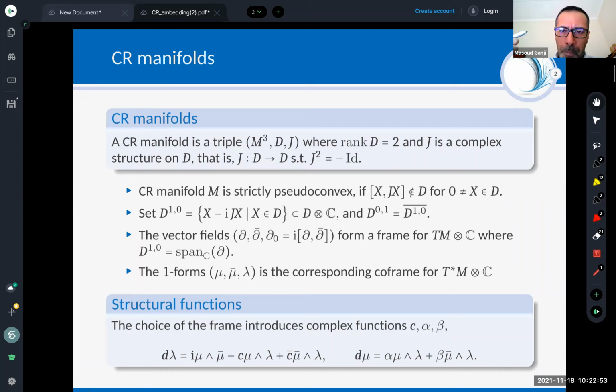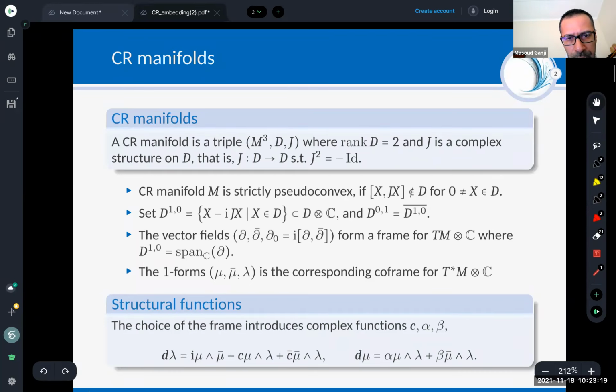If you complexify everything, I mean complexify D and also J, you can introduce D10 as a distribution of the complexified D, and the conjugate is defined just by having plus there. That's my CR distribution.